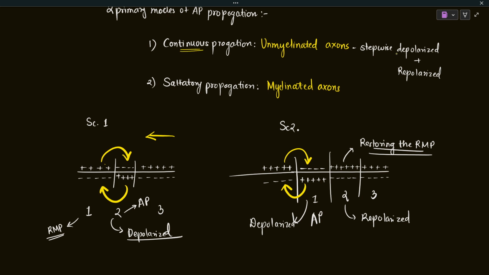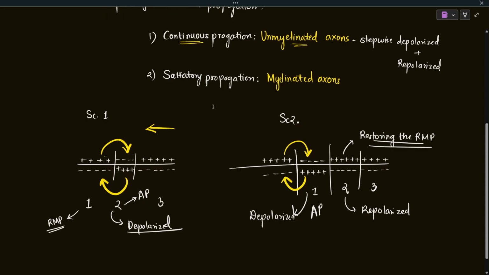So it has a stepwise depolarization and repolarization cycle, as happens in unmyelinated axons. Each segment of membrane will be depolarized in sequence, making this mode relatively slow and metabolically expensive, because every segment is depolarized and repolarized stepwise.